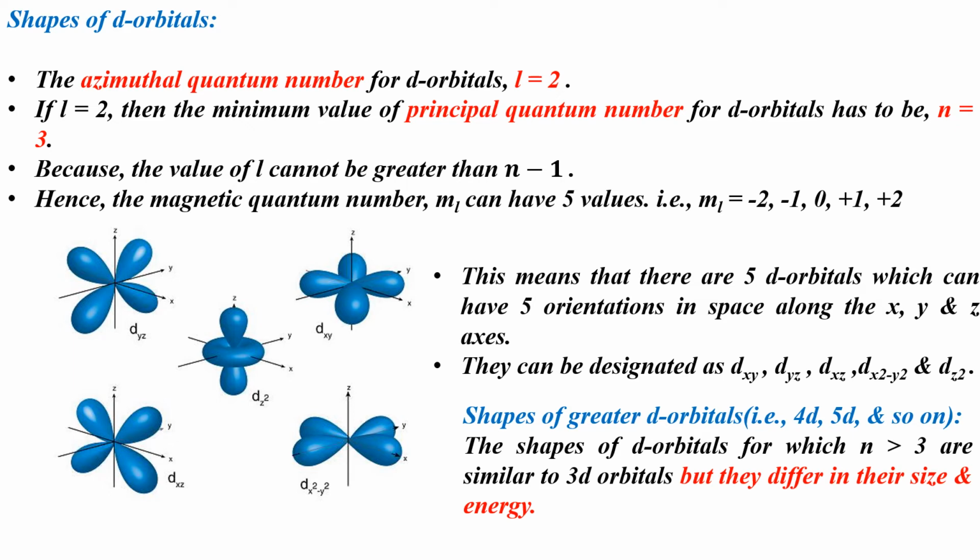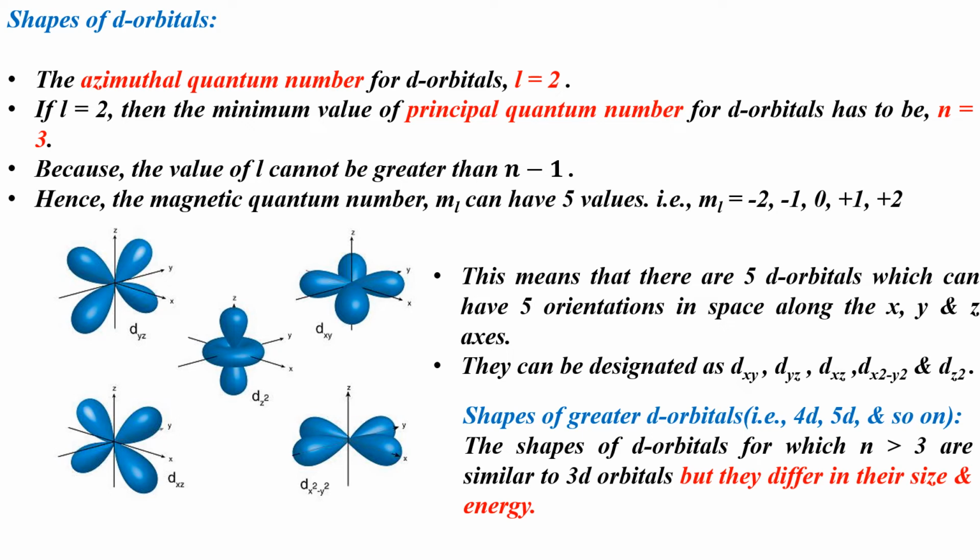Now if you take dxz orbital, you can find that the four lobes in dxz are oriented in between the x and z axis. Now when you take dx square minus y square, the four lobes are oriented along the x and y axis. So this is about the shapes of the 5 d orbitals.